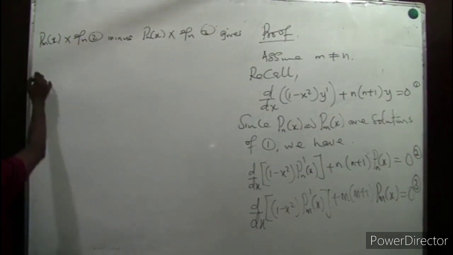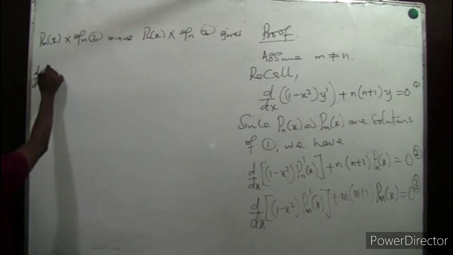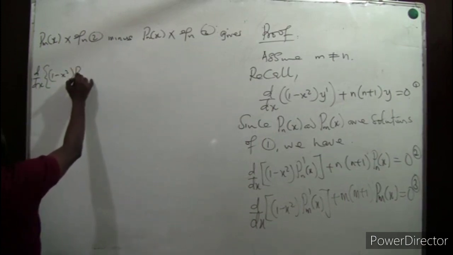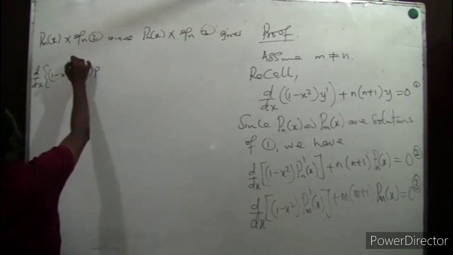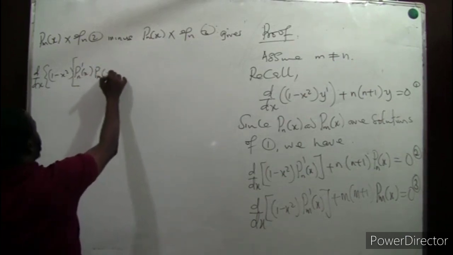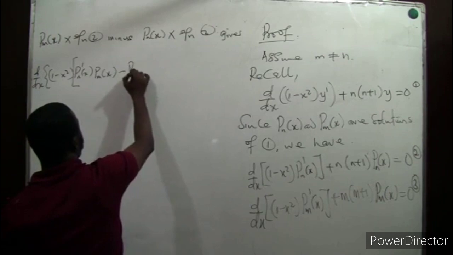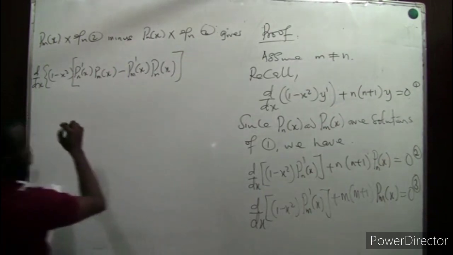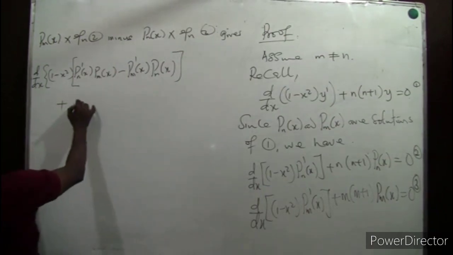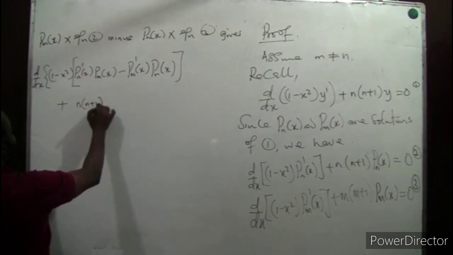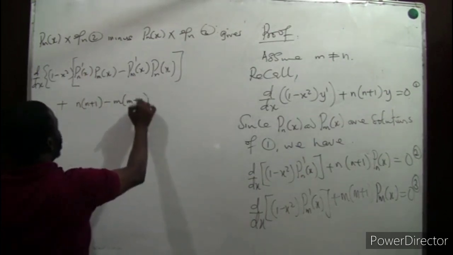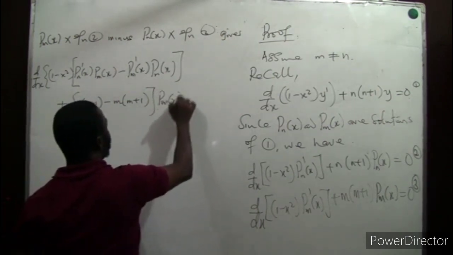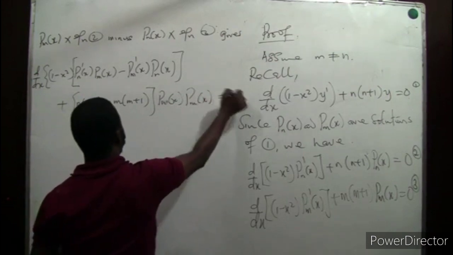We will have d/dx of (1 minus x squared) [Pn prime of x Pm of x minus Pm prime of x Pn of x], then plus n(n plus 1) minus m(m plus 1) times Pn of x and Pm of x. Everything is done.